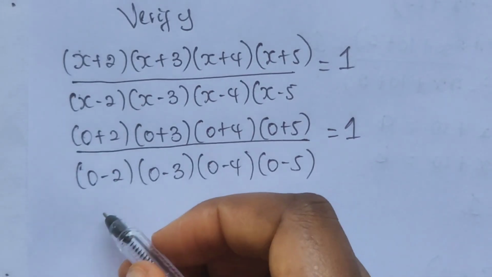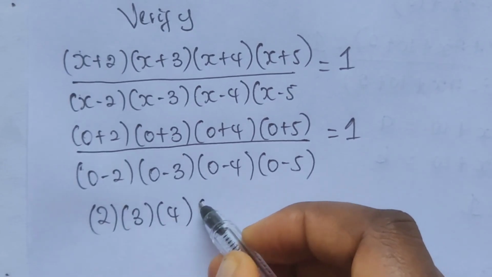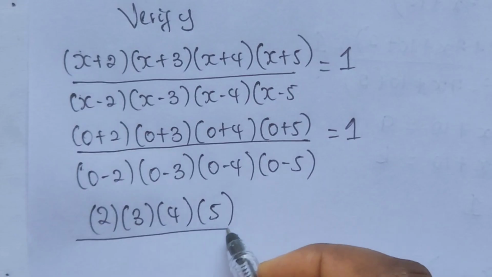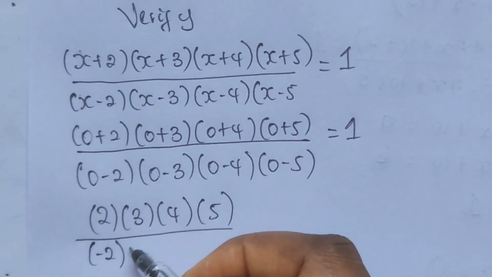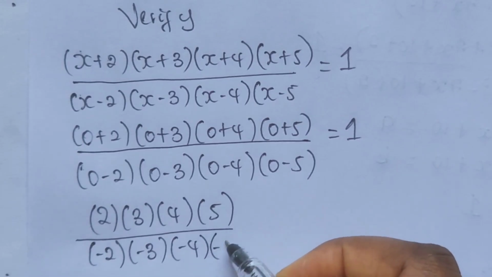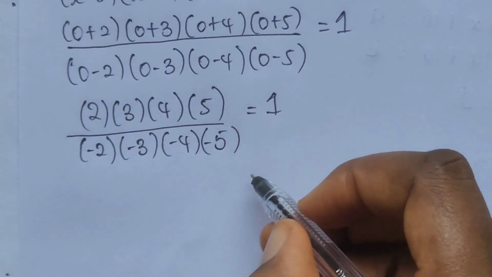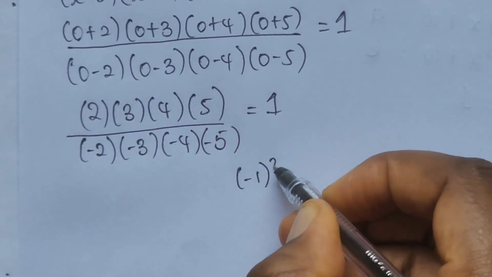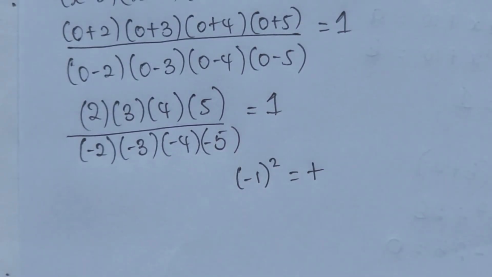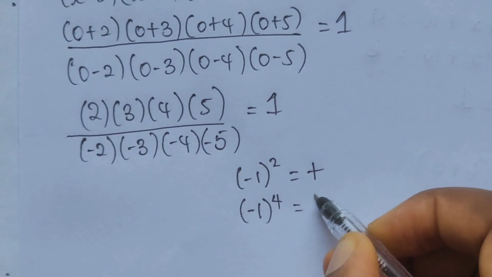So from here we have 2 times 3 times 4 times 5 all over minus 2, minus 3, minus 4 and minus 5 to be equal to 1. But when we have minus 1 all squared, this is the same as positive, and minus 1 to the power of 4, this is the same as positive.